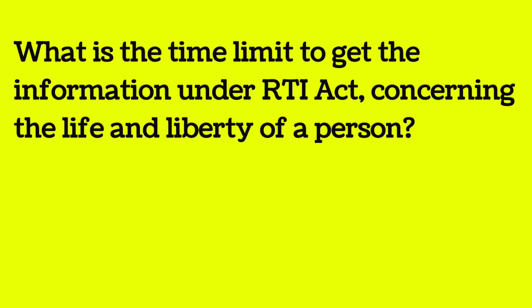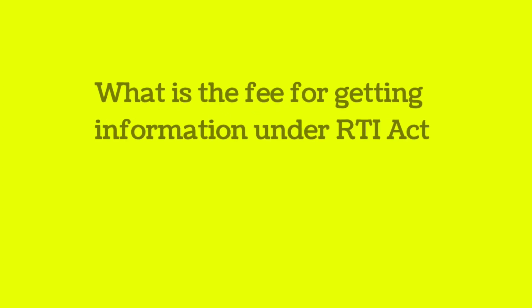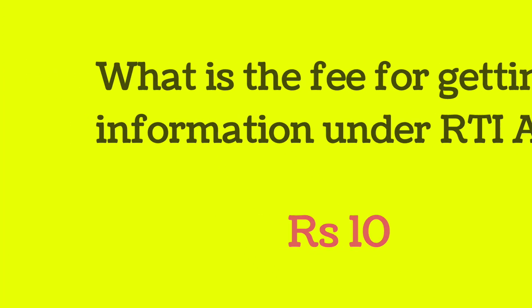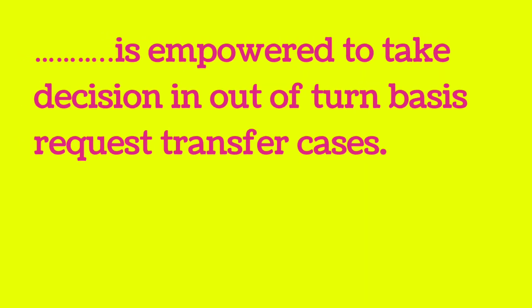What is the time limit to get the information under the RTI Act concerning the life and liberty of a person? Very much important. This is 48 hours. In case of life and liberty, 48 hours. What is the fee for getting information under the RTI Act? Rupees 10. Fee is rupees 10.